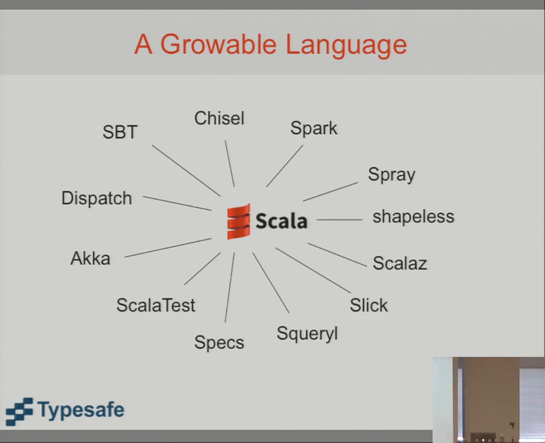So that's a DSL on top of it. Or Spray for HTTP dispatch, or Shapeless and Scalaz for type wizardry, or Slick, another front end for databases, Squeryl, then the test framework ScalaTest, specs, Akka, the actor framework, Dispatch, SBT.